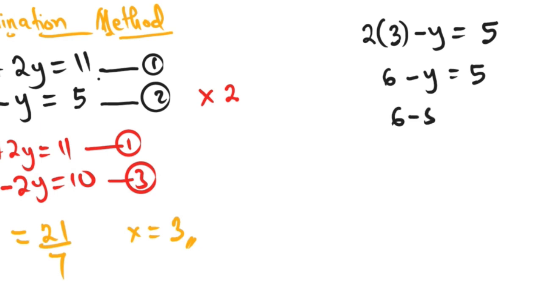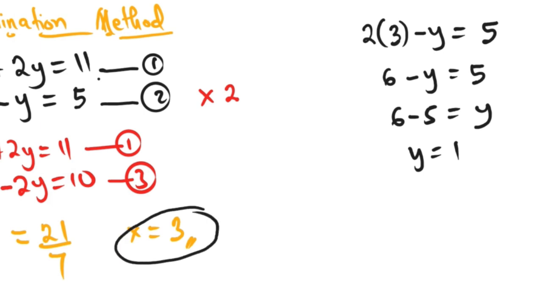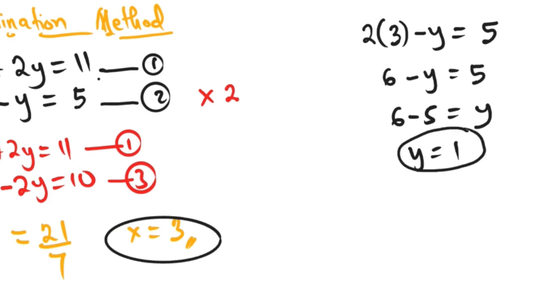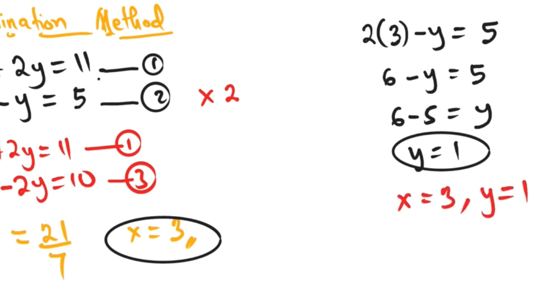Grouping like terms, I'll have y equals 1. So the values are x equals 3 and y equals 1. This is the elimination method.